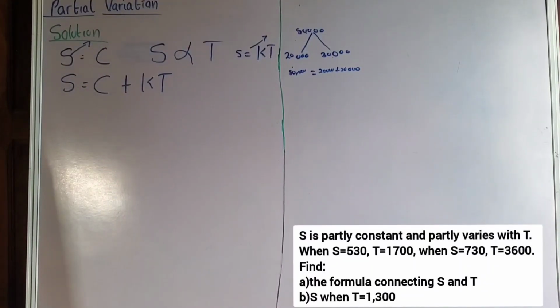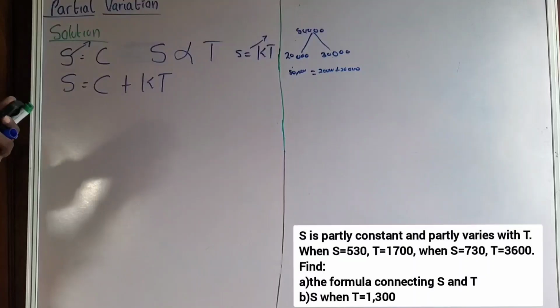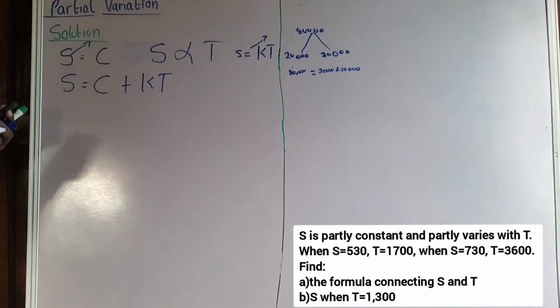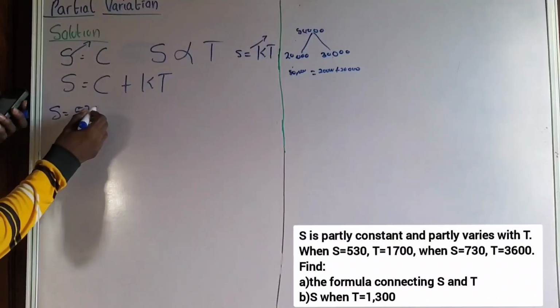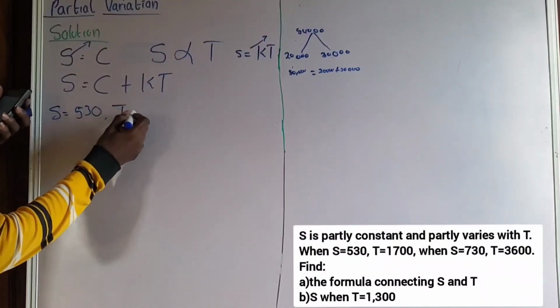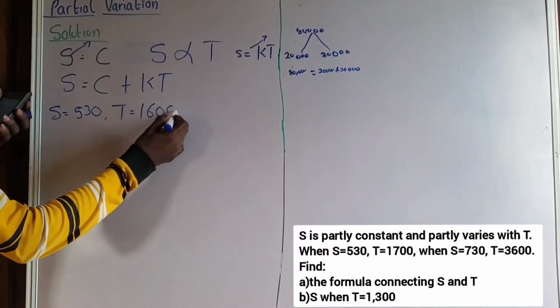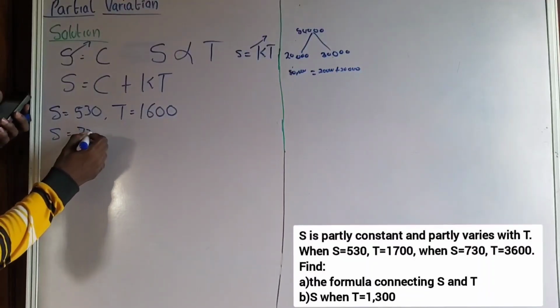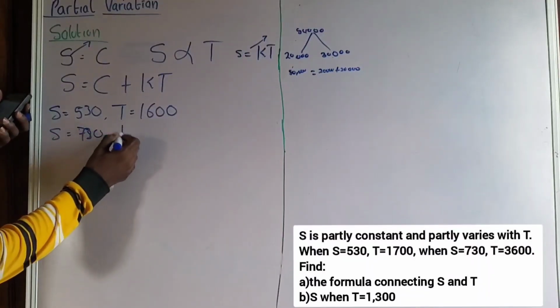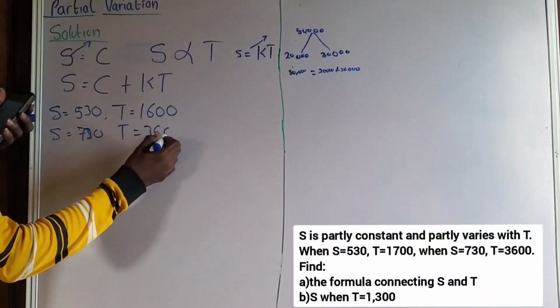Do you understand? Okay. Now, we are given that when S is equal to 530, T is equal to 1600, right? And then when S is equal to 730, T is equal to 3600.